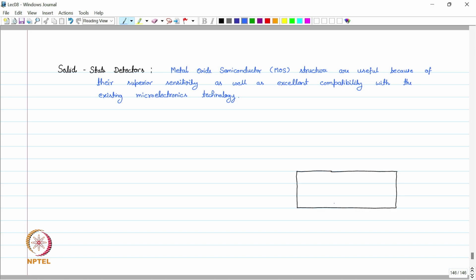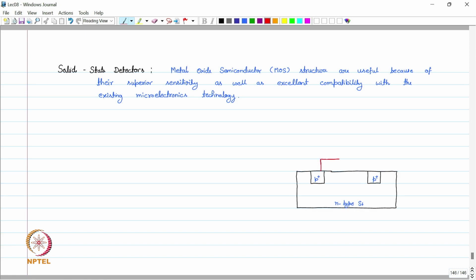This is, let's say, N type silicon, and in this we have source and drain regions, which are P type in this case, and we have a thick gate oxide on top of it, which acts like a gate for this MOSFET.